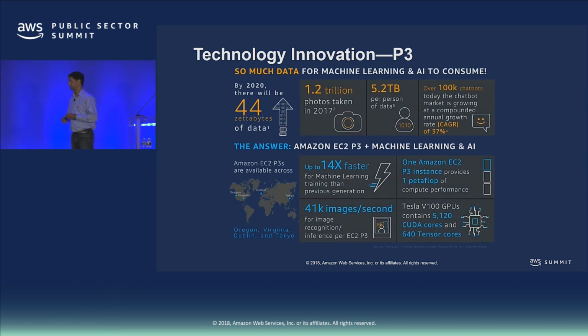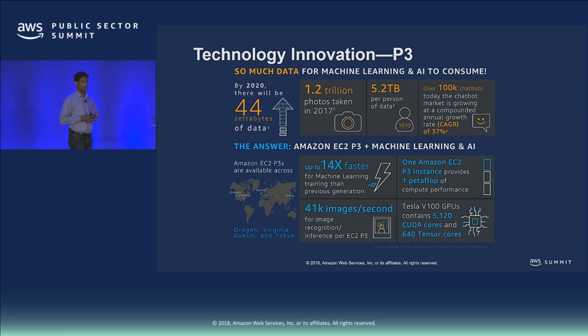Another evolution is the P3 instance types. Again, a lot of customers have been asking, what do I do with respect to AI and ML type workloads? Is there any specialized EC2 instance for that? Just imagine the scale of the data. There were 1.2 trillion photos taken in 2017. That's massive scale.